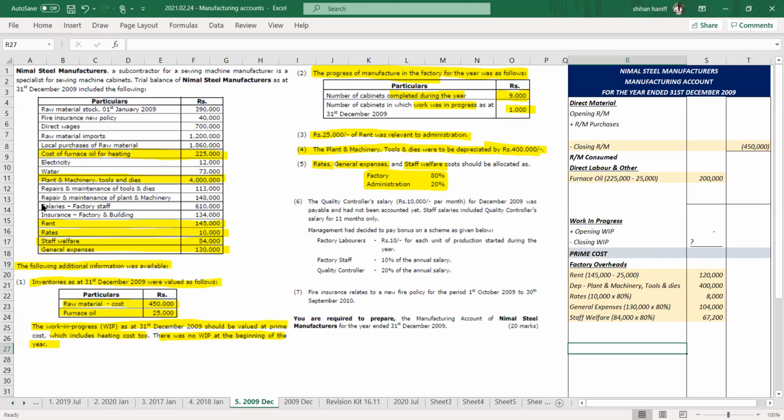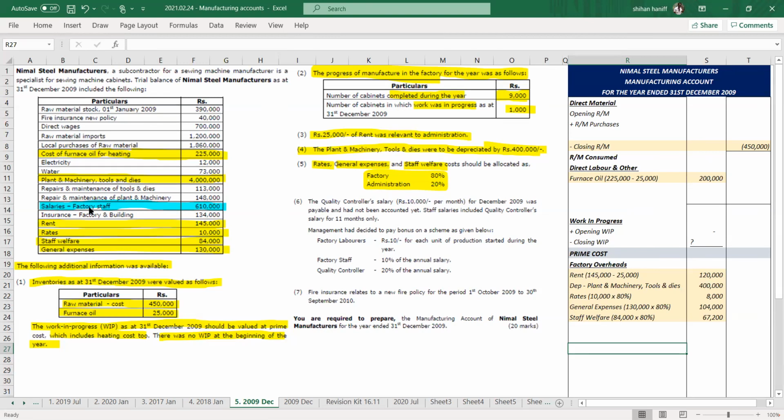Salaries, factory staff, 610,000. So this includes a quality controller salary where only 11 months salary is paid. So the 1 month salary is payable.